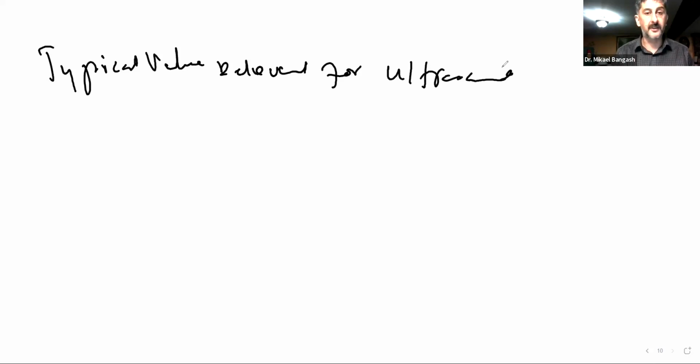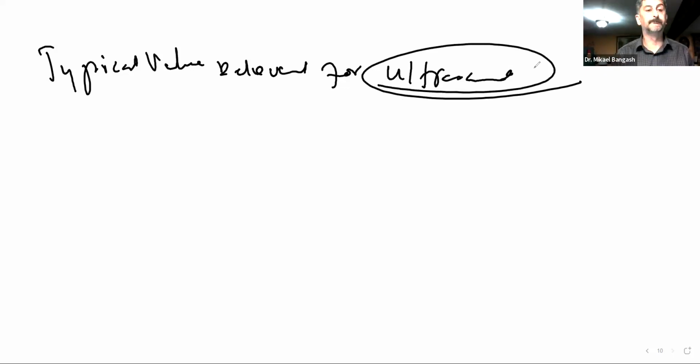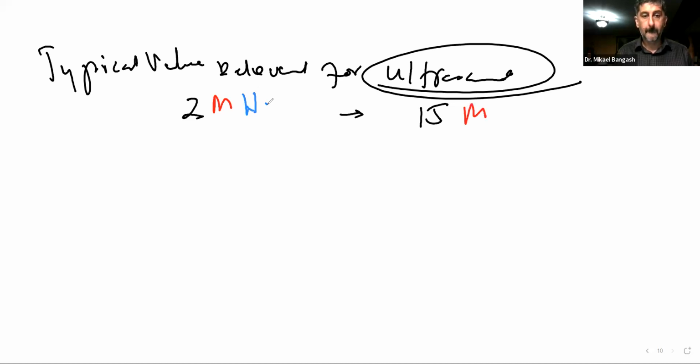But the value here that we are given is the typical value of the frequency of a sound wave for it to be used as a source of ultrasound. So it's going to be a range of 2 to 15, and here the unit is megahertz.